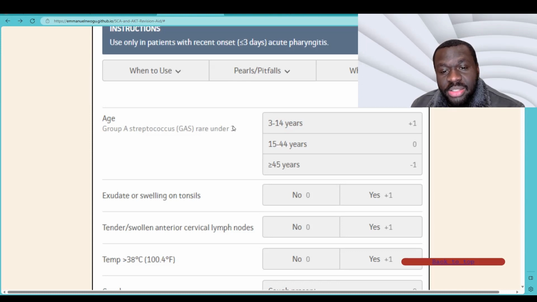We don't use that as an excluding factor anyway, but it's for you to be able to say that it is actually quite rare under the age of 3 years. Obviously, you need to look at the holistic picture.